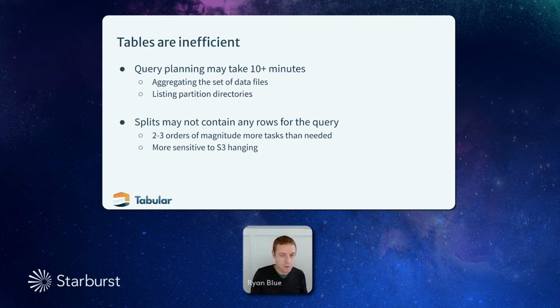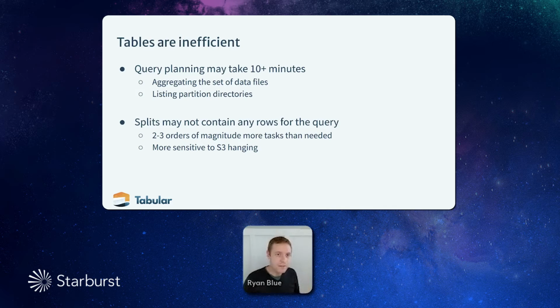And what you're supposed to do in that case is try again or cancel or something, but you can just wait. And this was causing a lot of queries to take significantly longer than necessary because 1,000 tasks hits this probably once, whereas 100 or 10 tasks doesn't hit it at all. So it makes queries a lot more sensitive to any backend problem like S3 hanging, just to have more tasks than necessary, even if we can scale out and just chunk through them and get that work done.